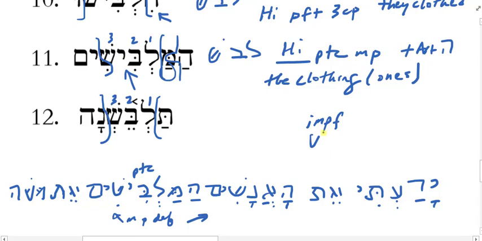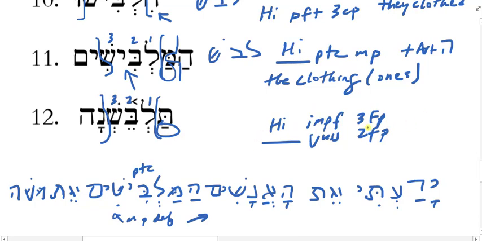Imperfect or jussive. 3FP or 2FP. Both of those are possible. Which stem is this? An A-class vowel under the tav is hifil and hifil only, right? No other stems get an A-class vowel under the prefix.